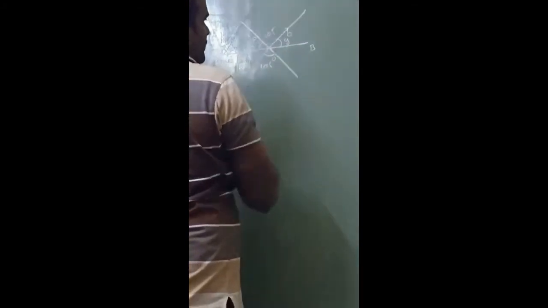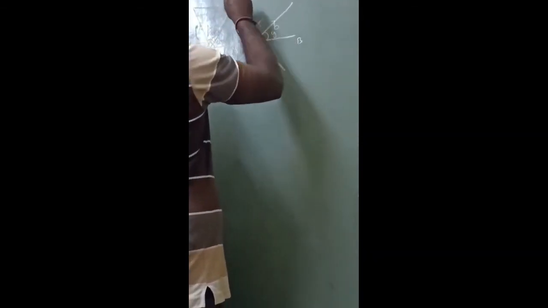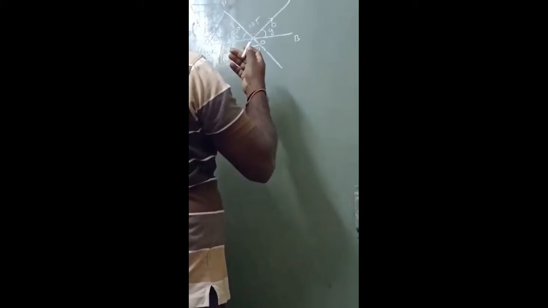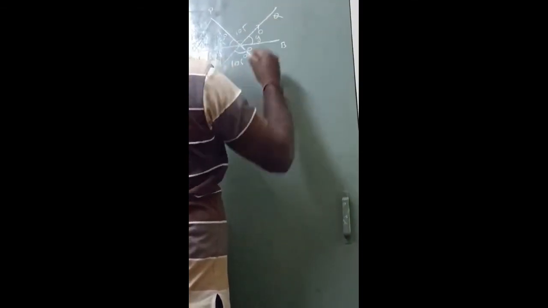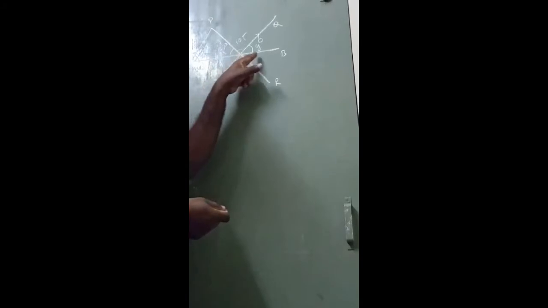You can take names here, A, B. Here you can take O. Then P, then Q, R, S. You can take names. See, AOB is a straight line.